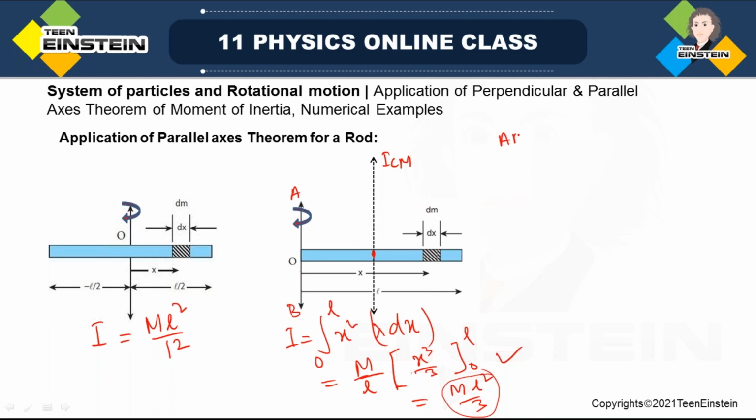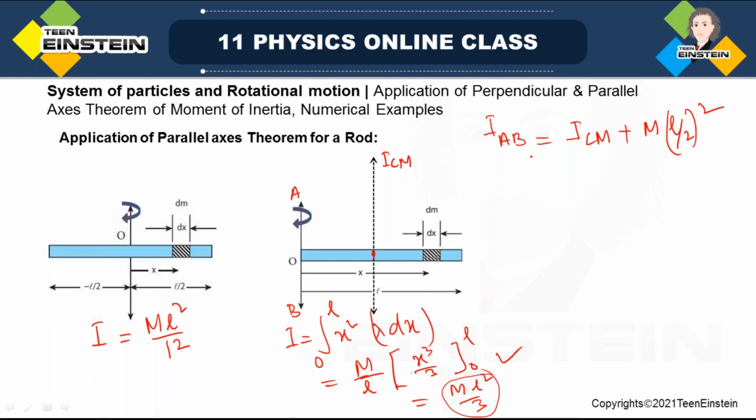I have to get the moment of inertia about AB. Parallel axis theorem says you have to know the moment of inertia about the center of mass, plus the total mass of the rod times the distance between the axes. If this is L by 2, this is L by 2 whole square.